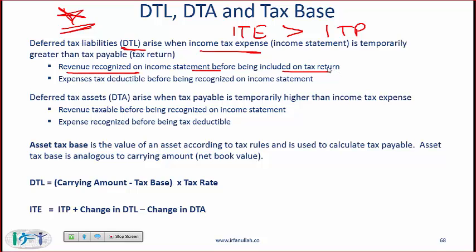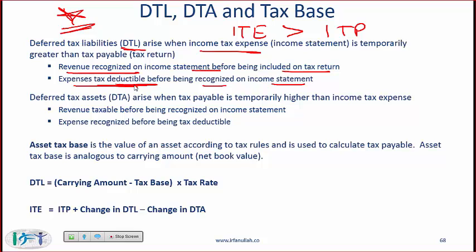So if we do a credit sale, then the tax authority is not taxing us because we've not received the money, but our income tax expense is high because on the income statement we are showing higher revenue, therefore higher profit, therefore higher tax. The other scenario is where expenses are deductible before being recognized on the income statement.